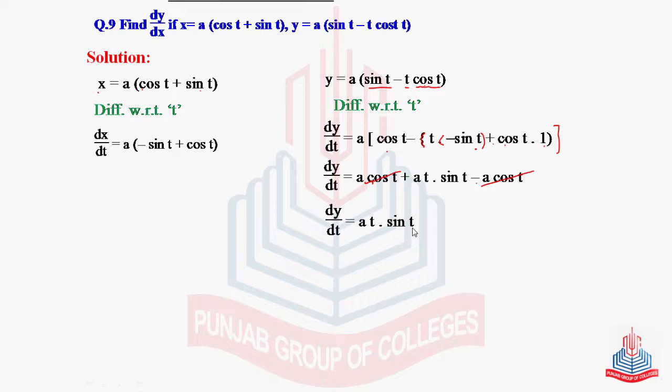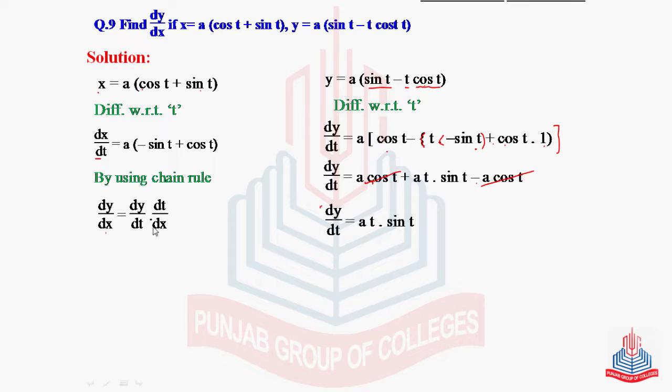Again we have two derivatives, dx by dt and dy by dt. Joining these two derivatives by using our chain rule, dy by dx is equal to dy by dt into dt by dx. So putting the values, dy by dt is a into t sin t, and for dt by dx, we have dx by dt, so just taking the reciprocal of this one, 1 over a into minus sin t plus cos of t.